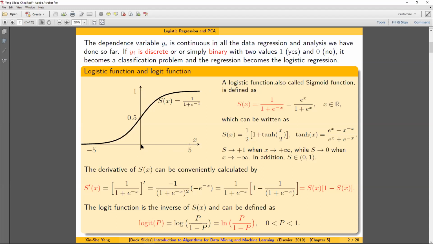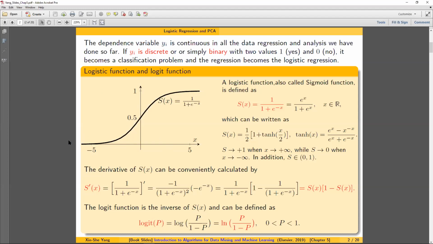When x is approaching negative infinity, S is approaching 0. In addition, S can only belong to the range from 0 to 1. It's a bounded function between 0 and 1, and it has this sigma function form.